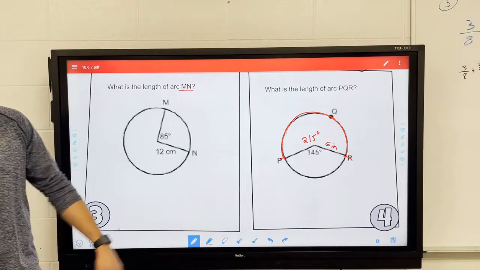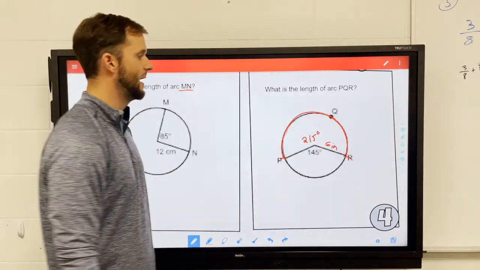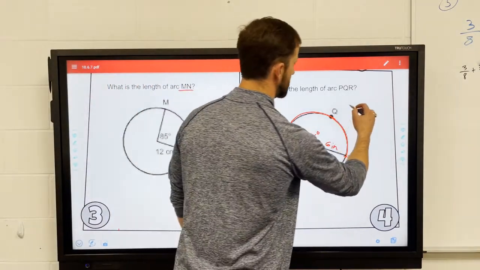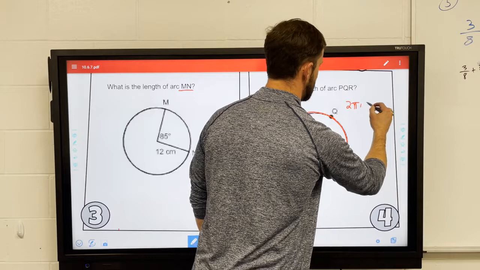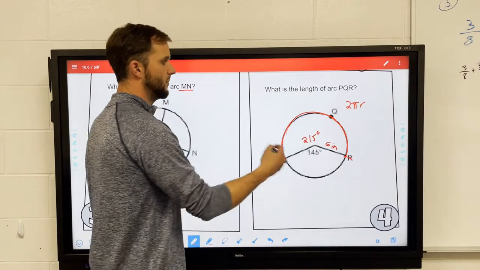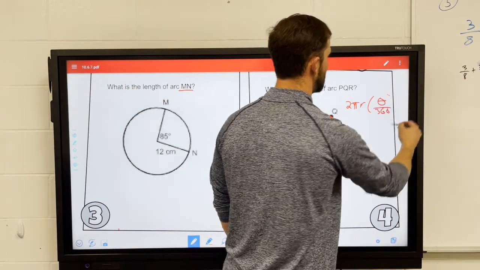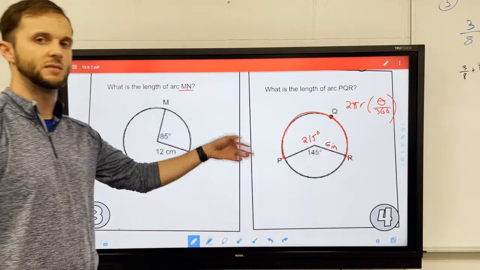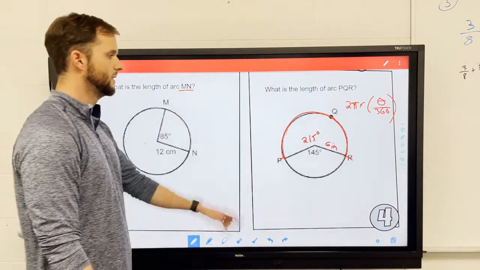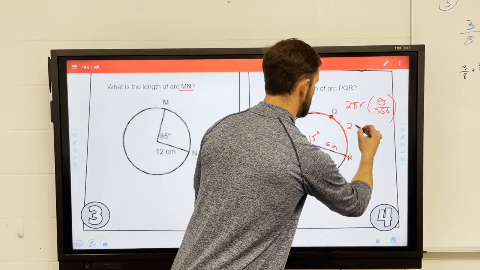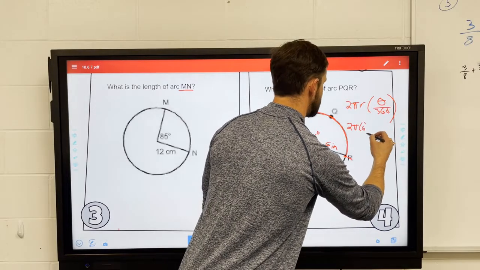And so now that I've been given my radius, I need to find the circumference. So I'm going to do 2 times pi times the radius, and I'm going to multiply that by my central angle over 360 to get my piece of the puzzle cut out, or the piece of the arc cut out. Okay, so my radius is 6, so 2 times pi times 6.